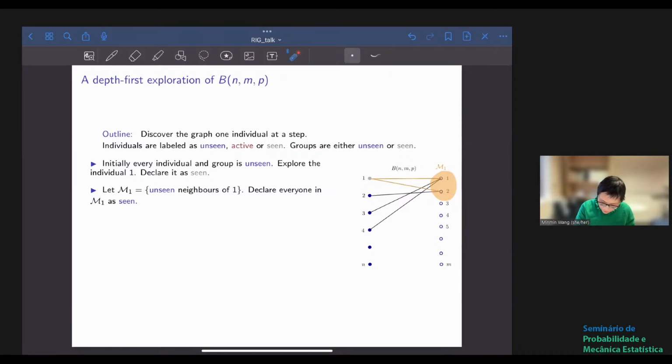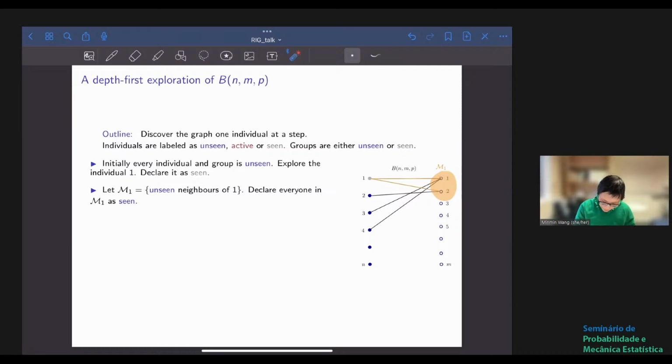In this example, the individual one belongs to two groups, 1 and 2, and this will form the set M1. M1 is the set of all the unseen neighbors of the individual one, because we are at the starting point of this exploration, so every neighbor is unseen, but things will change later on. Once we've done that, we declare everyone in this set M1 as seen.